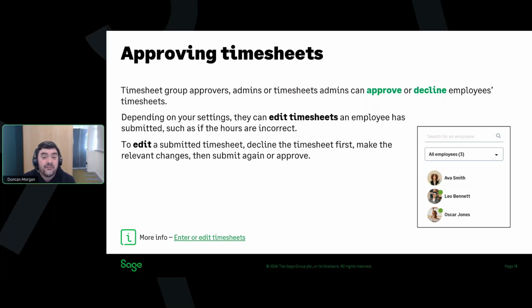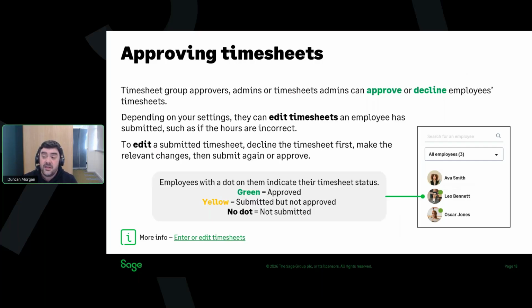So you've got the choice of whether you send it back to the employee or you decline it and edit yourself before it's then submitted and approved again. Just to be aware though, in order to edit a submitted timesheet, it will need to be declined first. So the employee can do that by withdrawing the timesheet if it hasn't yet been approved. The time off approver can decline it, and then it would be possible to make changes.